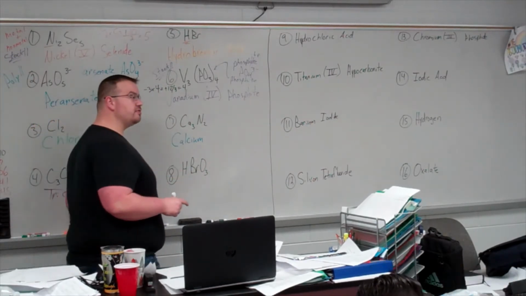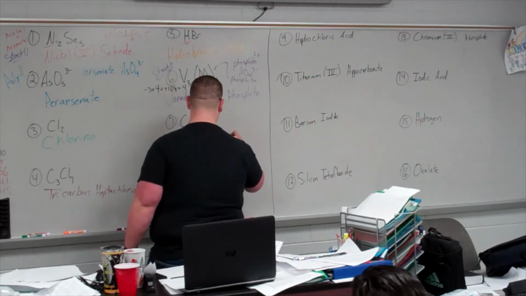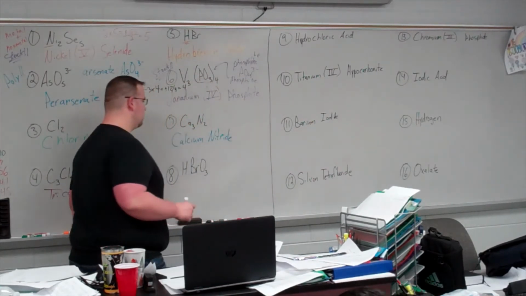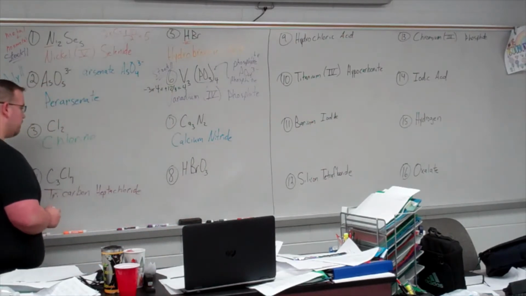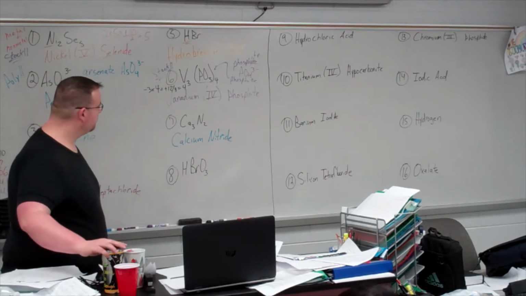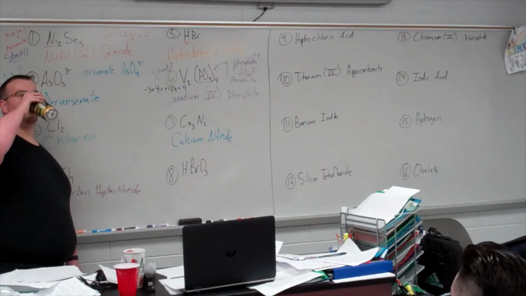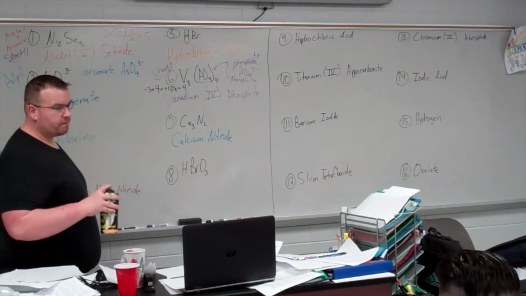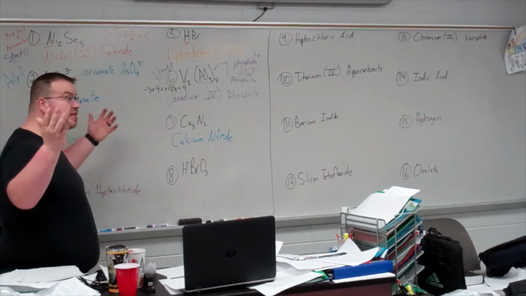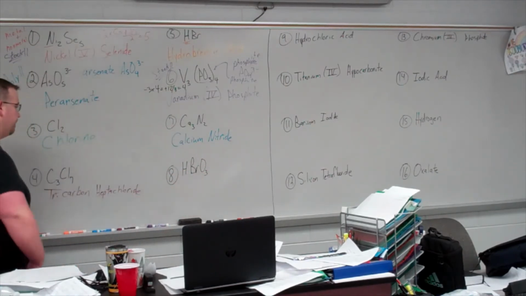Then we have nitrogen, which is nitride. Why did I not use the stock system? Because it wasn't a transition metal. Calcium has a fixed charge. I don't need the stock system.